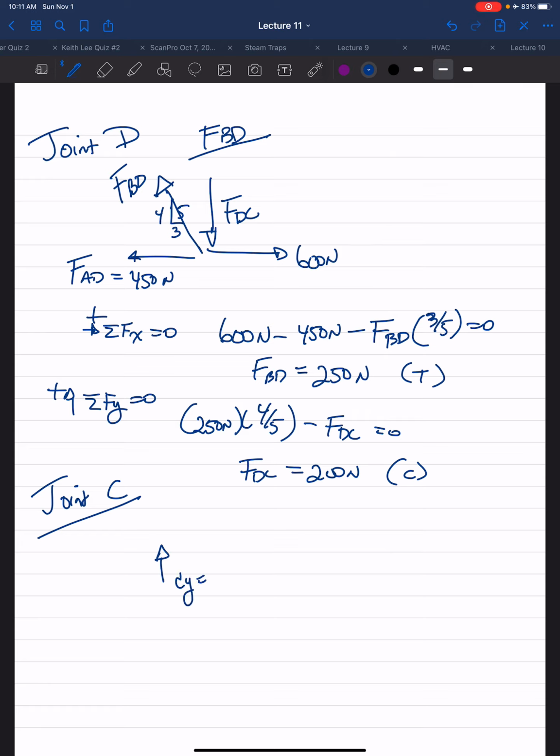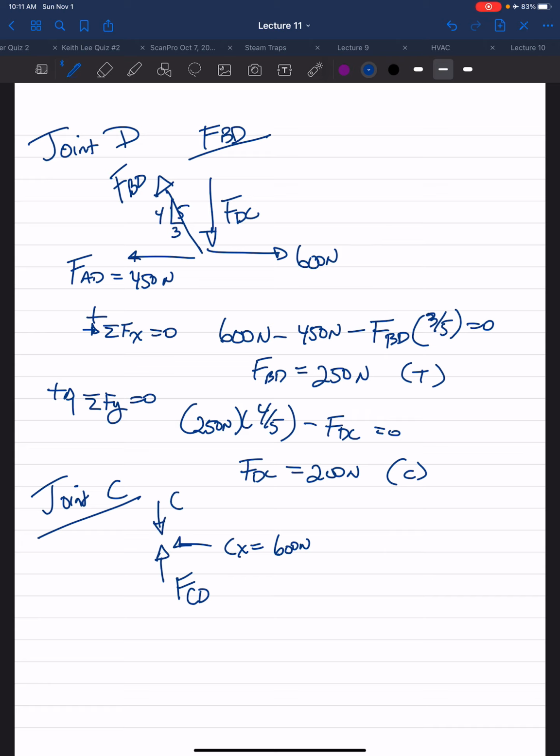So we have CY, which we know is 200 newtons. We have our CX, which we determined to be 600 newtons. Oh, sorry, I got that backwards. This is my FCD.